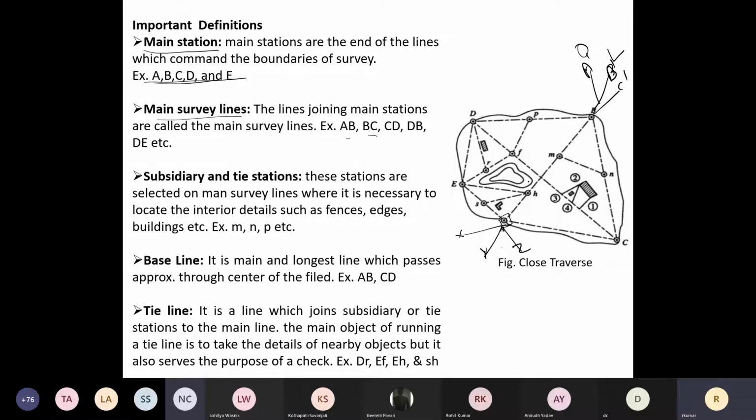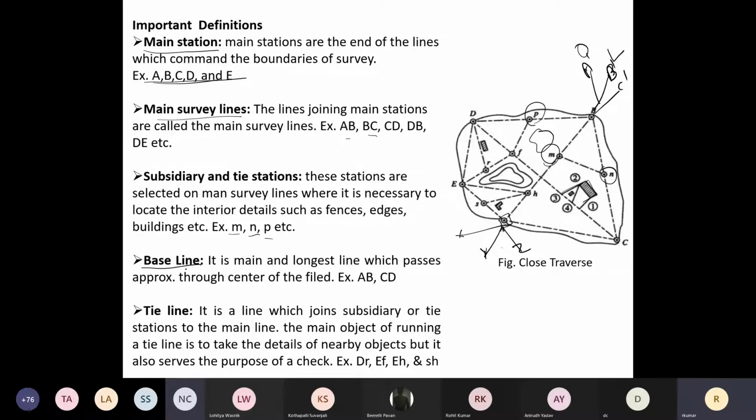Now, if I want to locate the interior details inside this area, which I enclosed with A, B, C, D, E, F, I will put some tie stations like M and P. You can see in the picture, this is M, this is N, this is P. Suppose here is a building, so I can locate it. Here's a garden, I can locate it. The interior details are located with the tie stations.